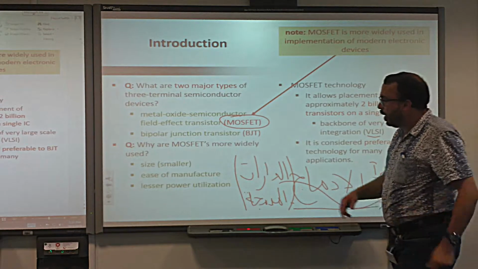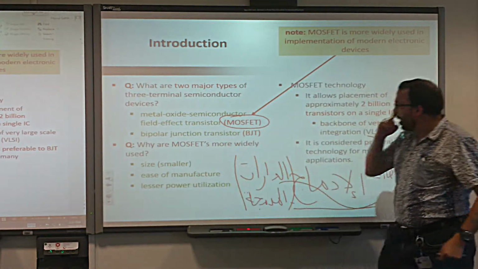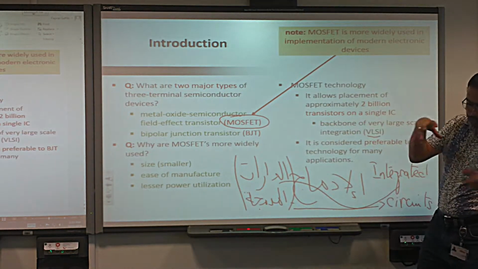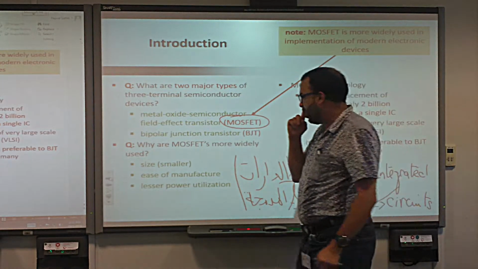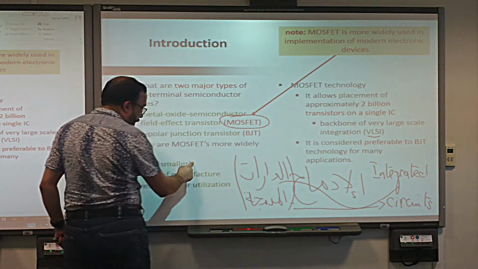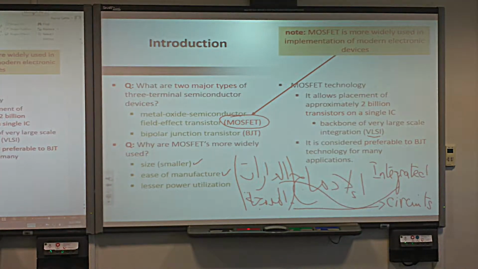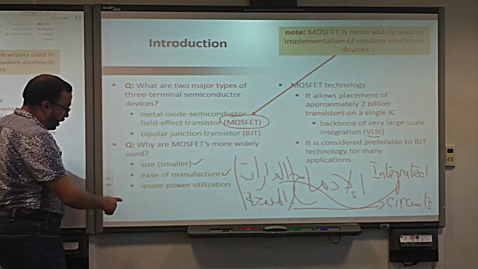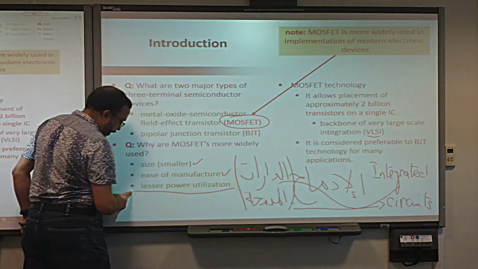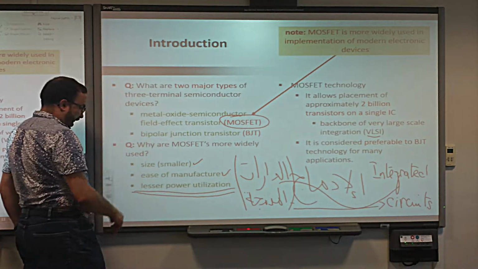Extremely small. That's why we have such a huge number of them in a very small chip. And also because they are easy to manufacture, easy to fabricate. And especially, they consume much, much less power than the BJTs.